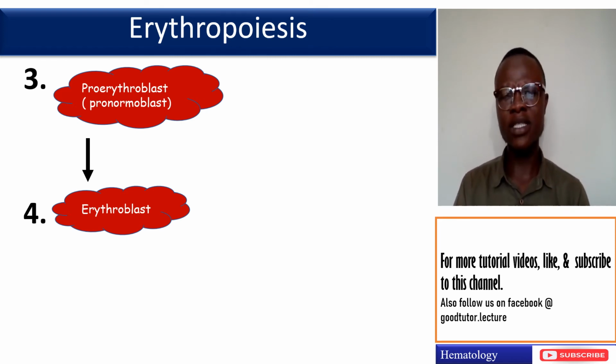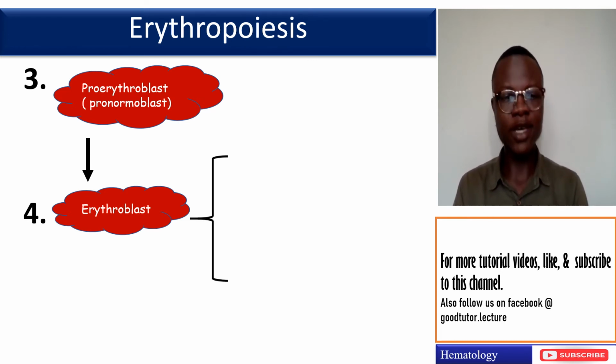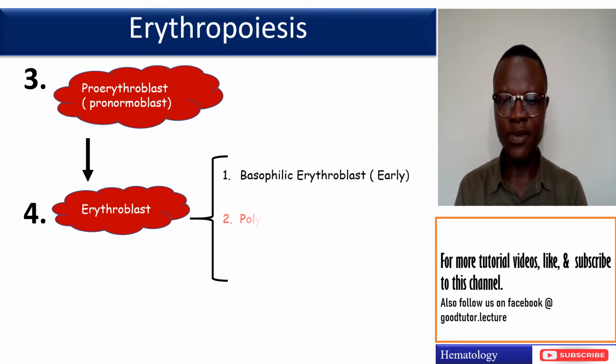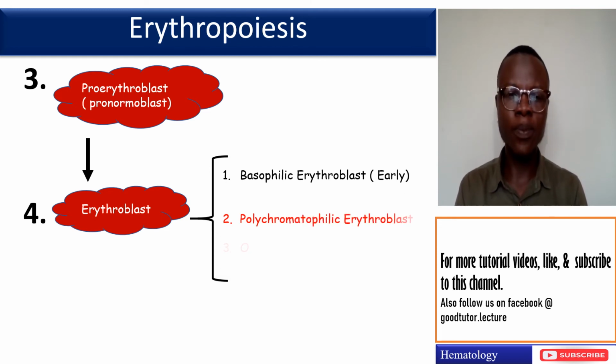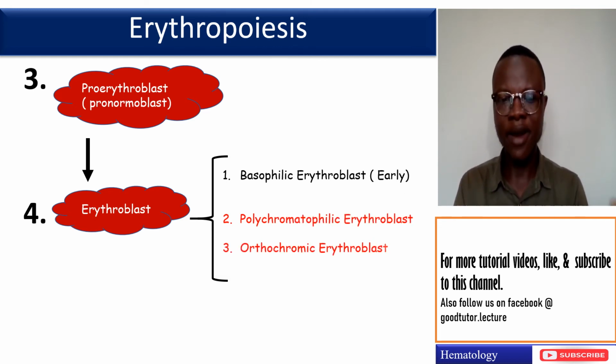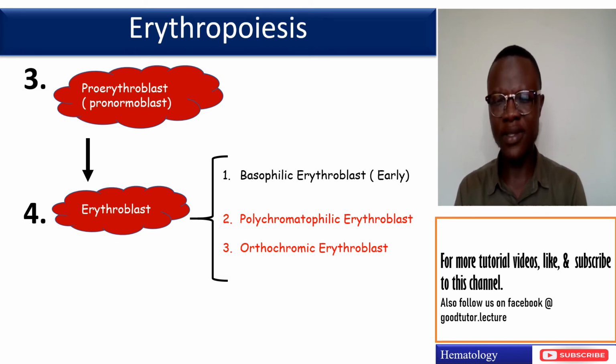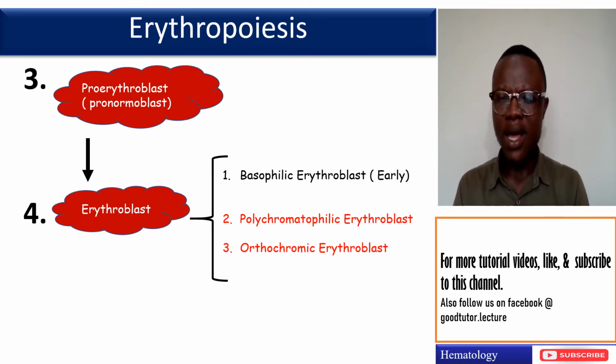The erythroblast stage has three substages. Let's get back to our procedure. So they have the basophilic erythroblast. They also have the polychromatophilic erythroblast, and they have the orthochromic erythroblast. What you see here, I have the latter two in red. These two indicate the point at which we have the formation of our hemoglobin.